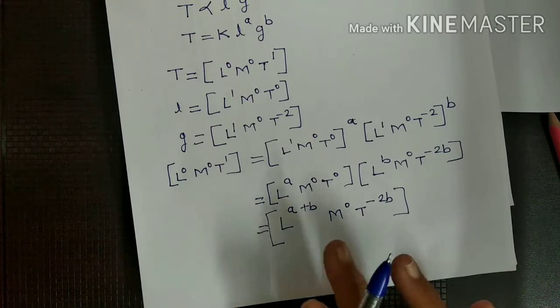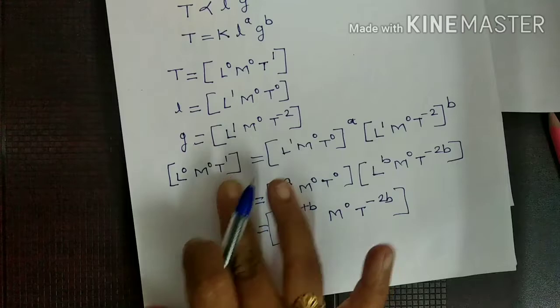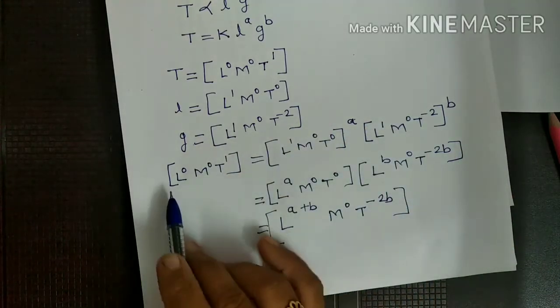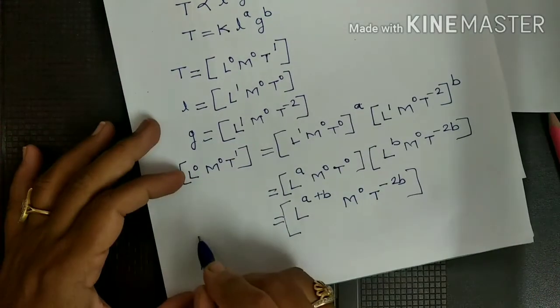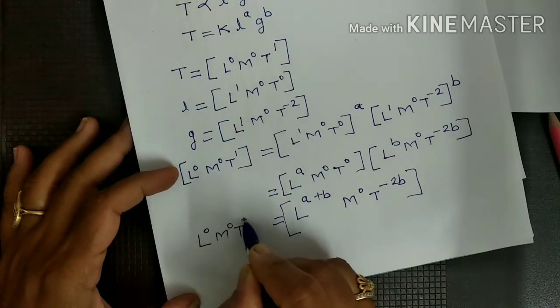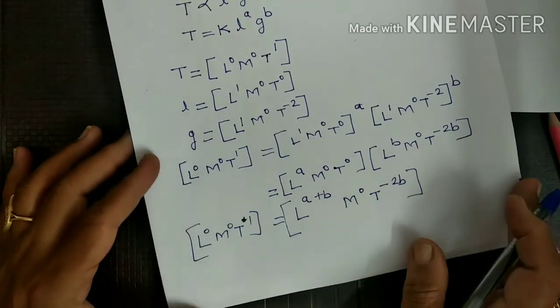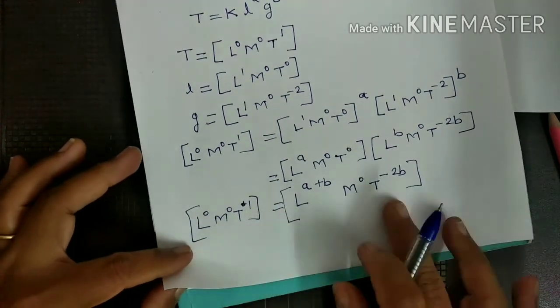Equating the corresponding powers of L, M, T on both sides, that is LMT of LHS and LMT of RHS, we are comparing here.